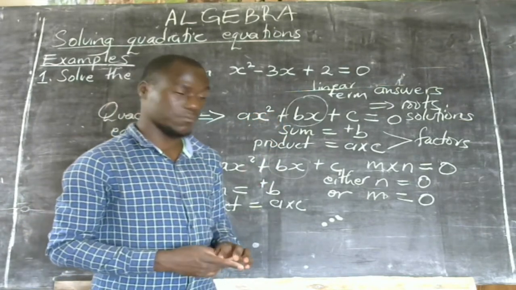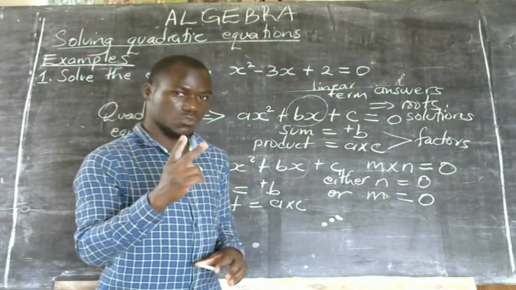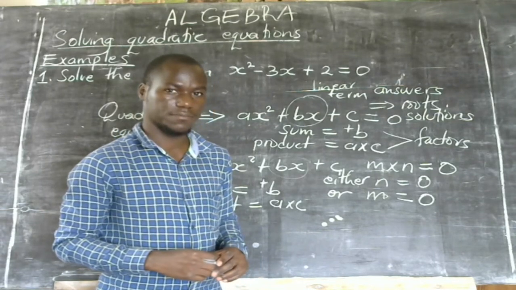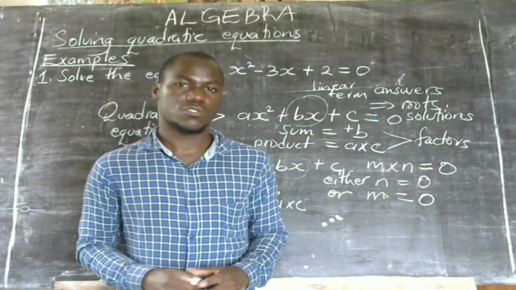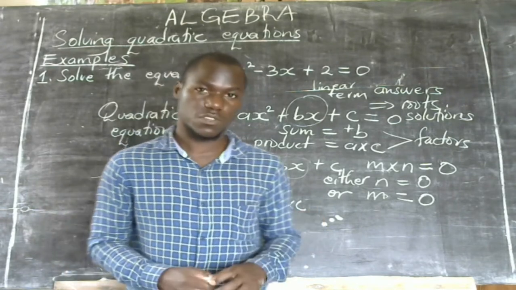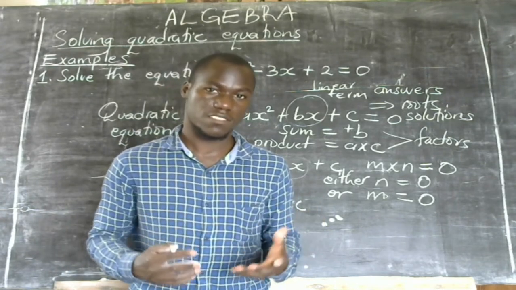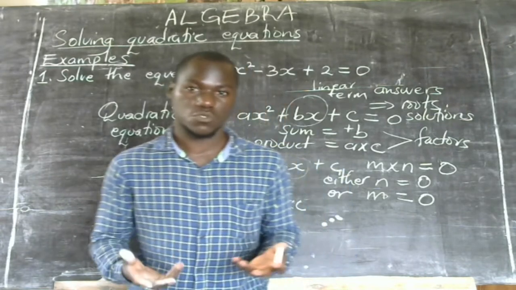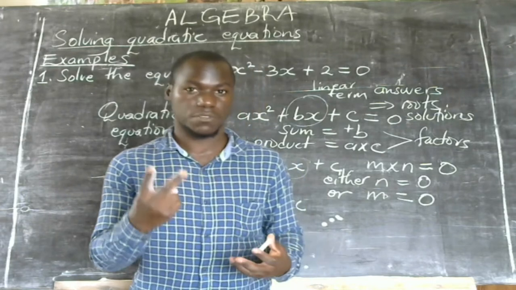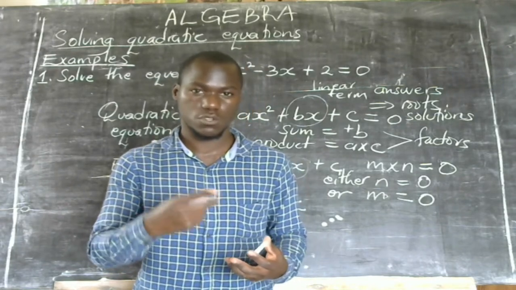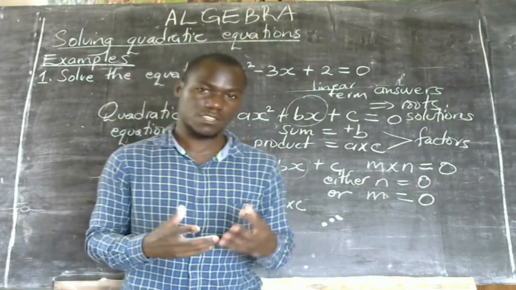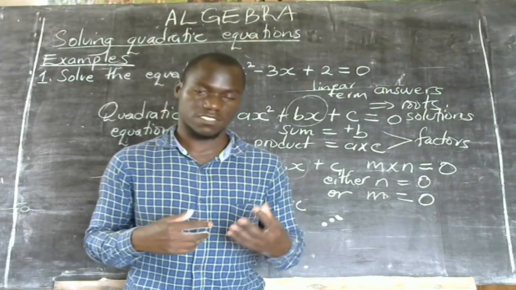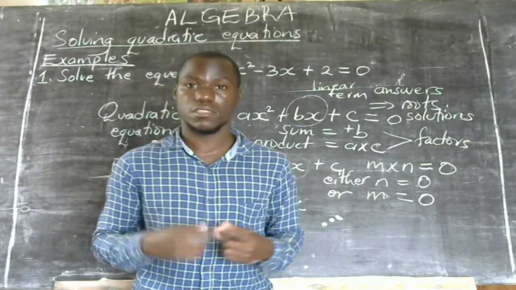That's why it must always have two answers. The solutions to a quadratic equation can be the same, that is equal. For example, if one answer is 2 and another one is 2, they are two answers that are the same, 2, 2. They can be unequal, or they can be not the same. One of them can also be equal to 0.